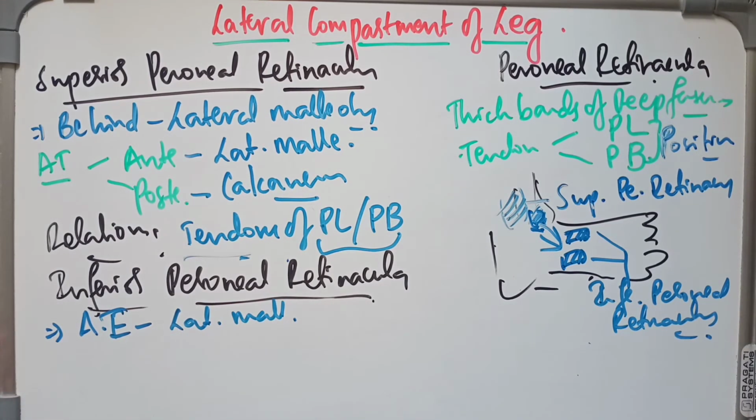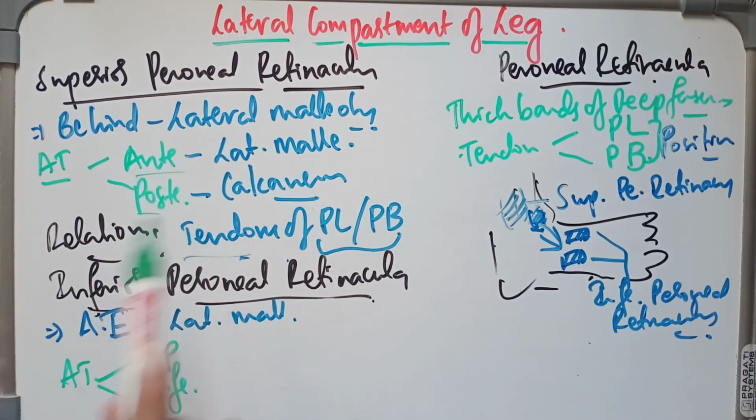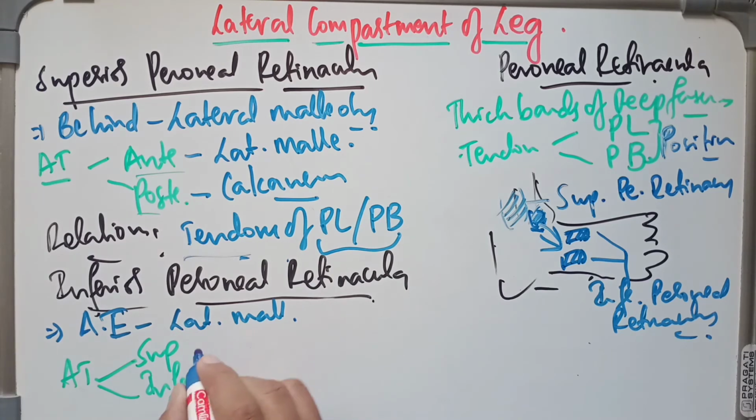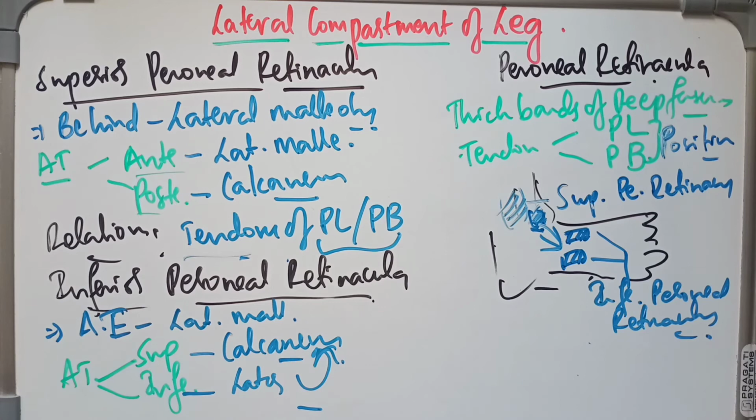And again, what about the attachments? We have superior and inferior attachments, whereas in the superior peroneal retinaculum we had anterior and posterior attachments. Superiorly it is attached to the calcaneum, again a tarsal bone, and inferiorly it is attached to the lateral surface of the calcaneum.